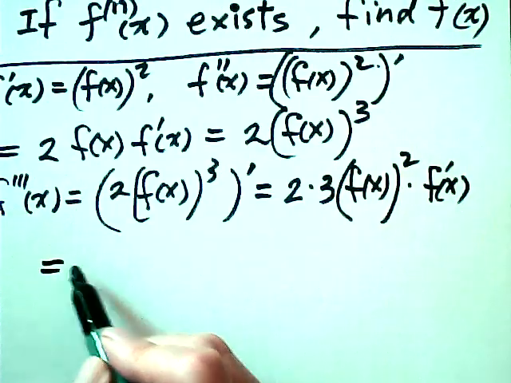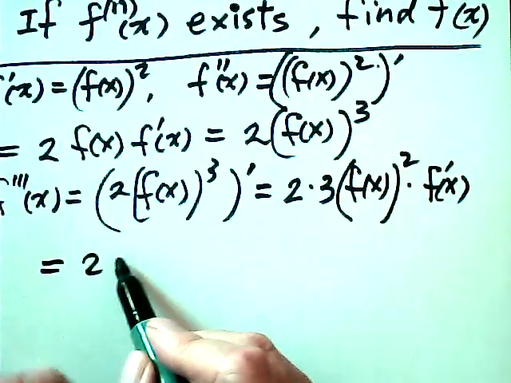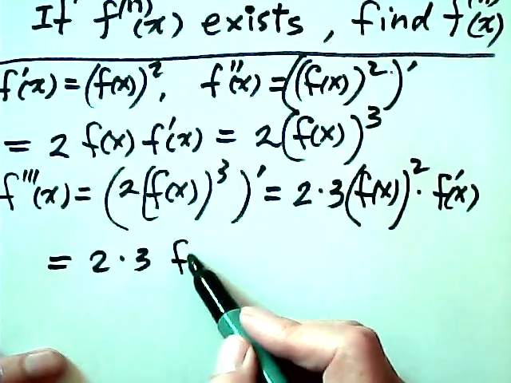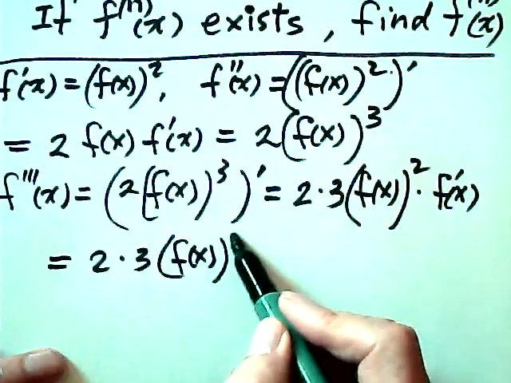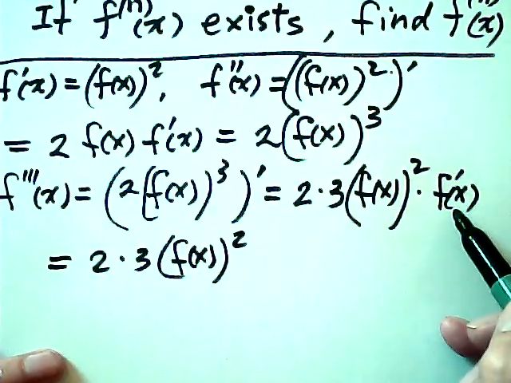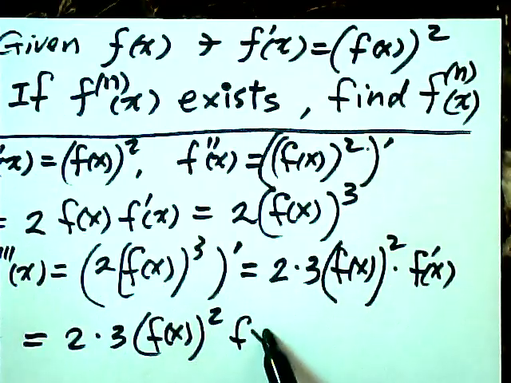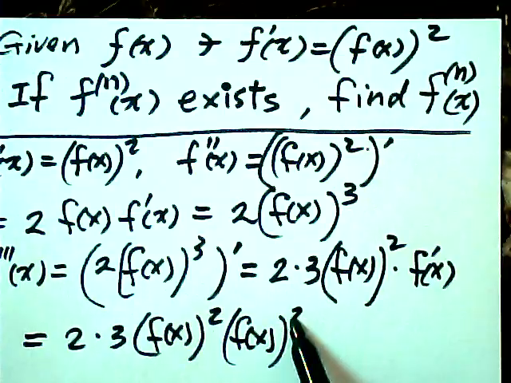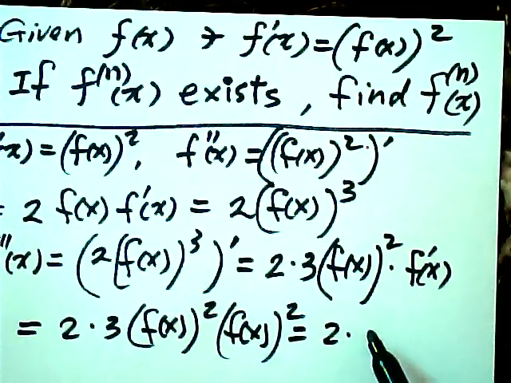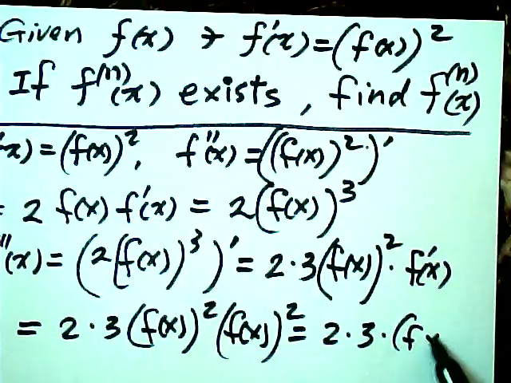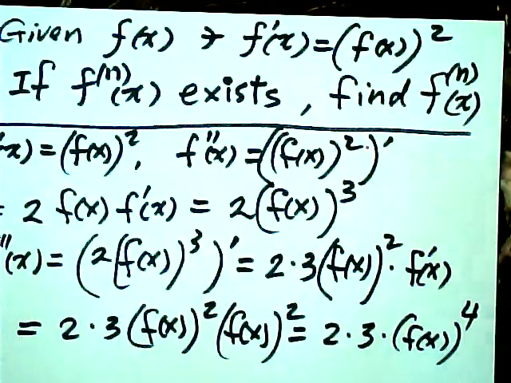So this one is equal to 2 times 3 times f of x squared times this derivative, which according to the given condition is f of x squared. So together it is 2 times 3 times f of x to the fourth power.